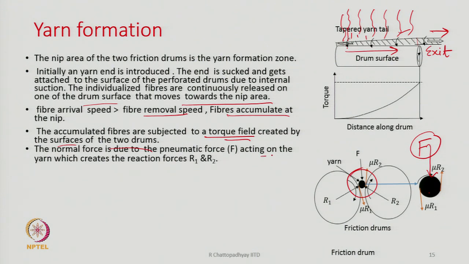Now, the pneumatic force acting on the yarn will create the reaction forces R1 and R2. So, F, which is acting on the yarn cross section, can be resolved into two components, R1 and R2, and R1 and R2 are the reaction forces.